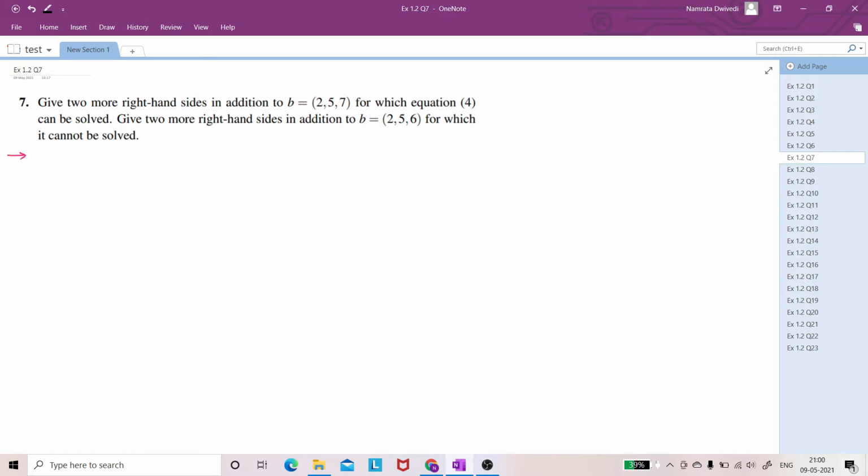In order to find two more right hand sides in addition to b, we'll have to find the vector equation.